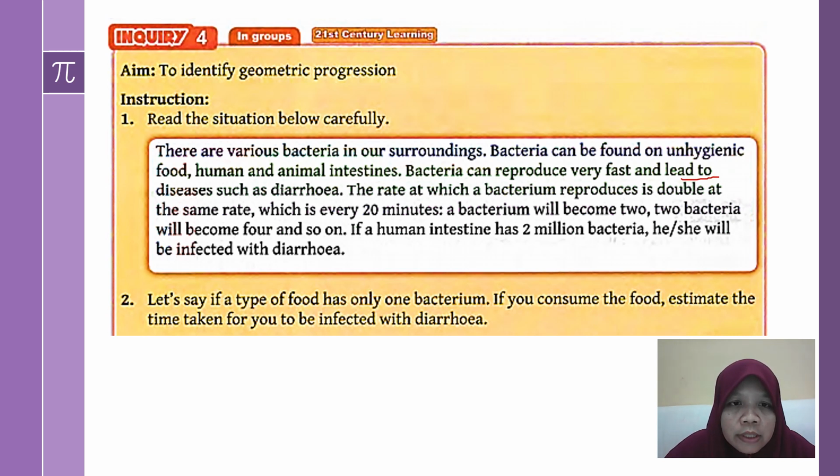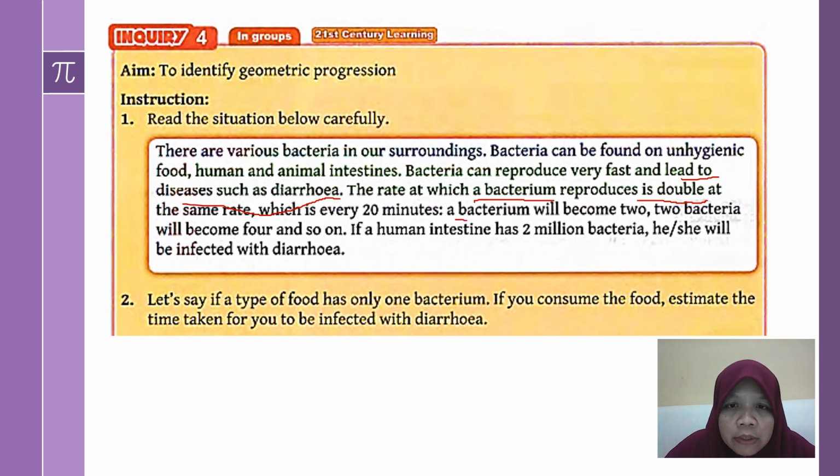Such as diarrhea. A bacterium reproduces at the same rate, which is every 20 minutes.